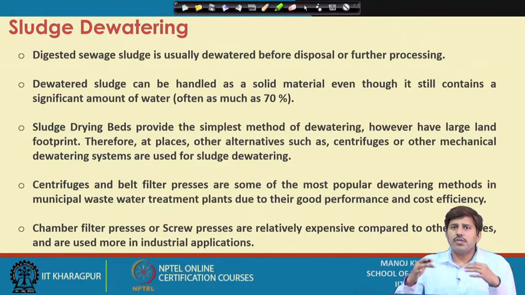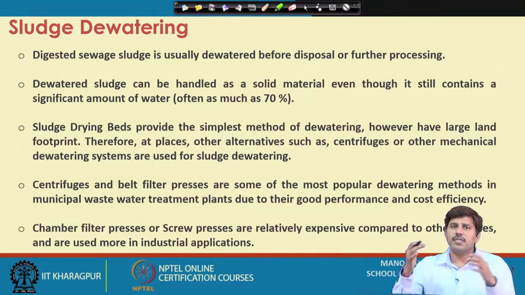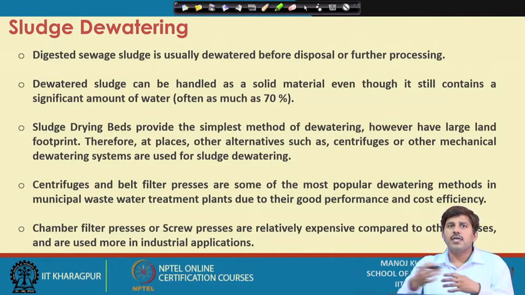We are not going to discuss all these dewatering equipment in detail, because they are more or less similar to the ones we discussed for thickening. We can have centrifuges, belt filter presses and various screw presses for dewatering as well.